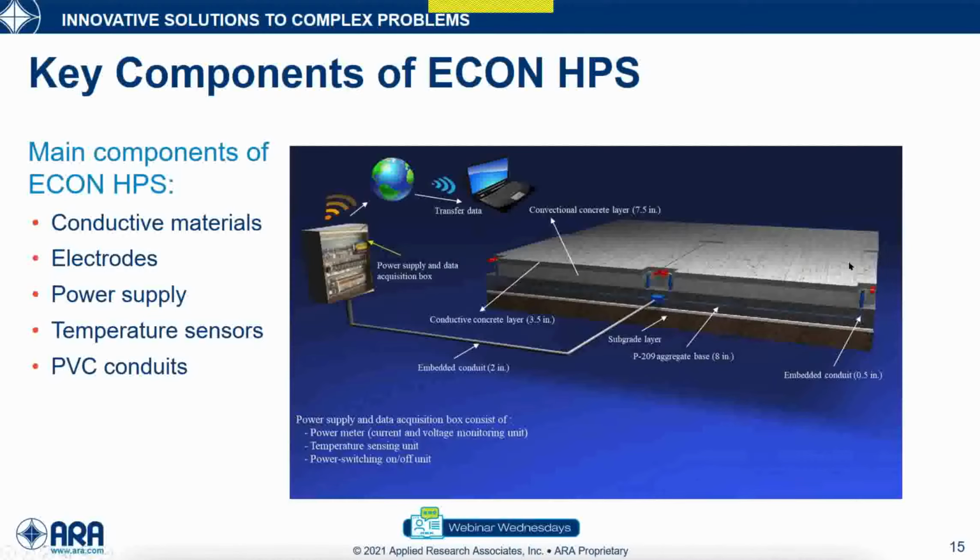Since we only need to warm the surface, we only construct a thin layer, about maybe 3 inches. And then we embed electrodes in that layer, then we connect to the power supply. Then heat is generated due to the resistance of the material. So we will go through the design and construction as well. This gives you an overview of the main components of the ECON system.